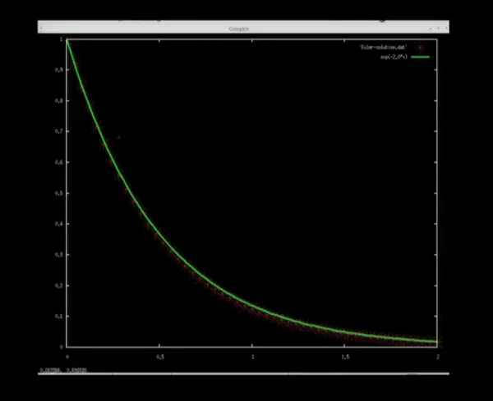Okay, so now we increase the number of points, and we are getting better. You can see that as we increase the number of points, we get closer and closer to the actual solution, but we need a large number of points. So we used 50 points between 0 and 2 to get a reasonable accuracy here.